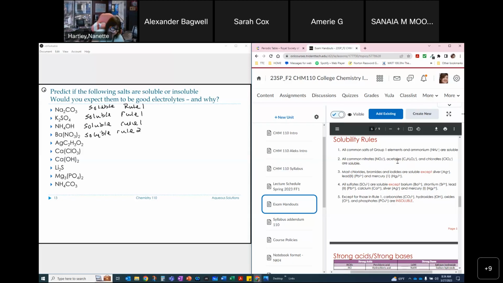Awesome. So this is soluble as well, and that's based on rule 2. Ca(ClO3)2. Again, our chlorates are also soluble. That's also based on rule 2.